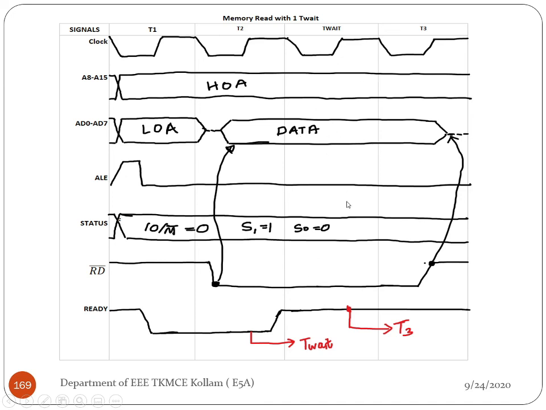Again during T wait, it will check the status of this ready signal. Whenever this ready signal is high, it will enter T3. If this ready signal is still low, it will enter another T wait. Whenever this ready signal goes high, only then will it enter the new T state, that is T3 in this case. So in this way, a slow peripheral can be connected to the microprocessor by means of the ready signal.